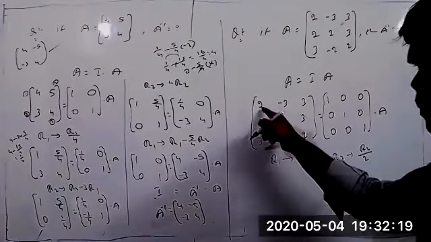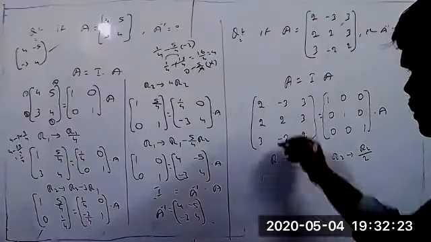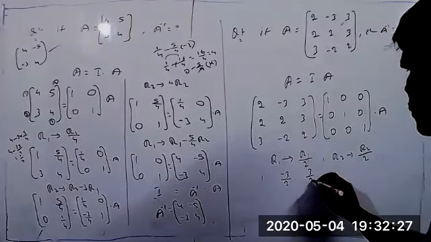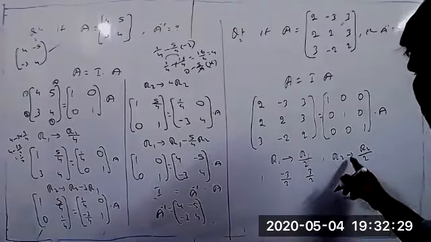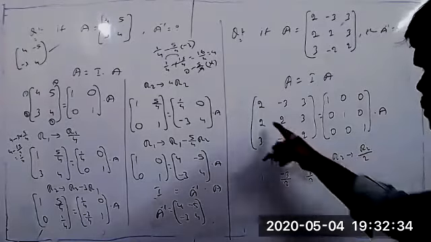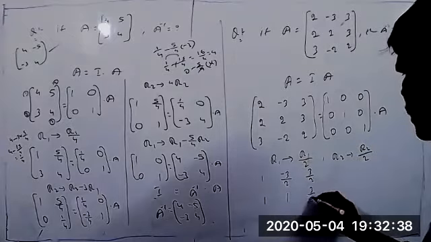So 2 by 2 equal to 1, the first thing I am changing. This element is minus 3 by 2 and this one you can write as 3 by 2. Now the second row also changes: R2 by 2 means 2 by 2 equal to 1, 2 by 2 equal to 1, and this is 3 by 2.